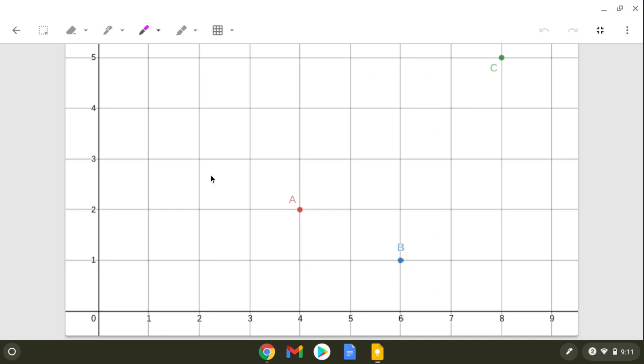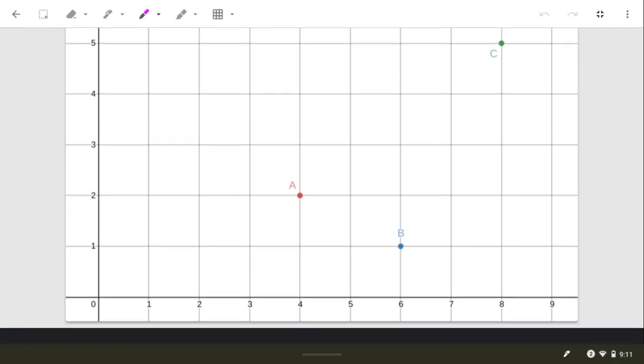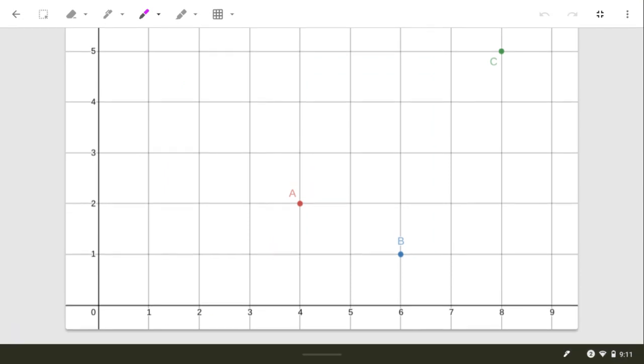Here's an example for how to calculate the slope of a line, or slope between 2 points. I'm not actually going to draw the line here, but just imagine there's a line connecting A and B, or a line connecting B and C, or a line connecting A and C. Okay, just imagine they're there. The way that I think of it, slope is a fraction.